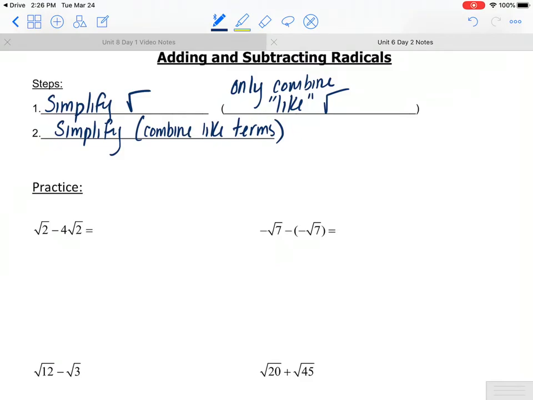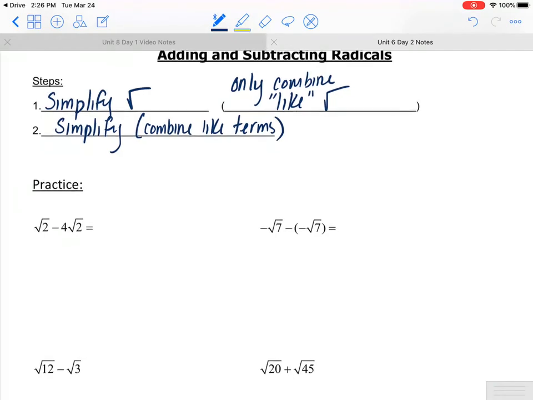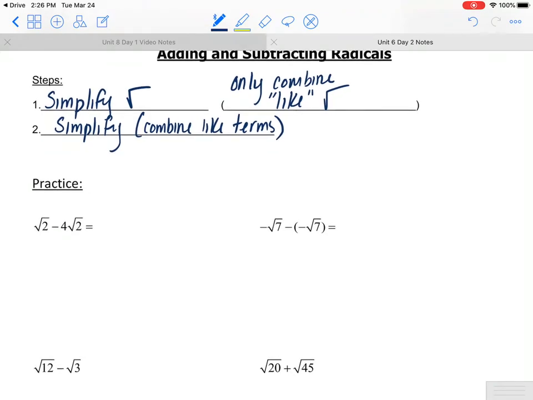Okay, so we'll run through a couple examples. If you need to, pause the video, write these down. You can do them together as we go through them. All right, so in this first example, I'm going to look and say, okay, can I simplify my radicals? I have radical 2 and a radical 2. They're already pretty simplified, and the good thing is they're the exact same. The only tricky part you have to watch out for is the coefficient in the front. So right now, there's an imaginary 1 in the front.